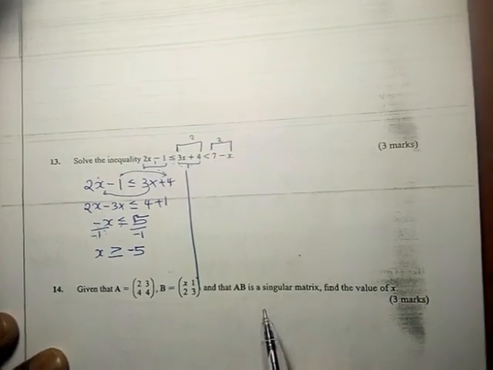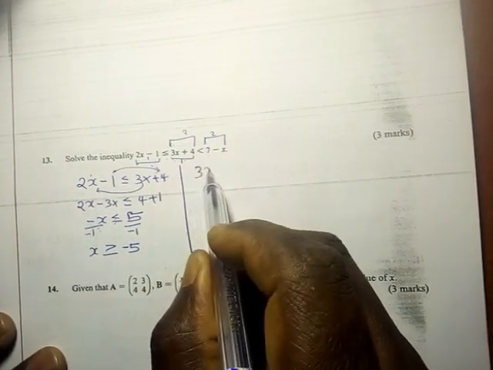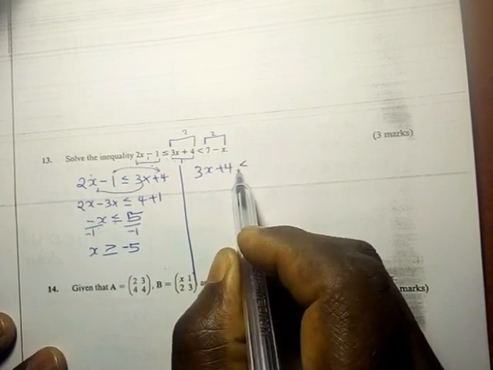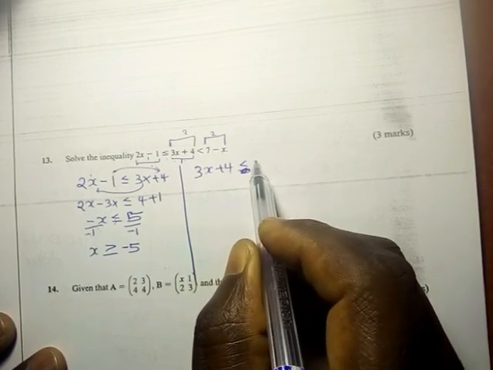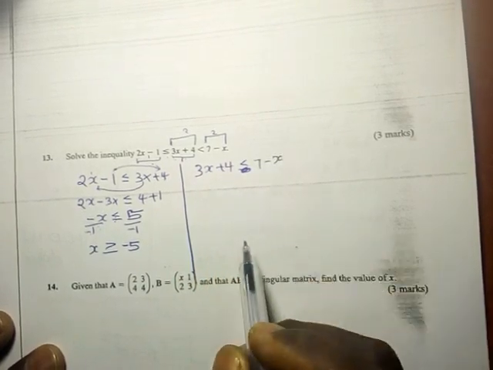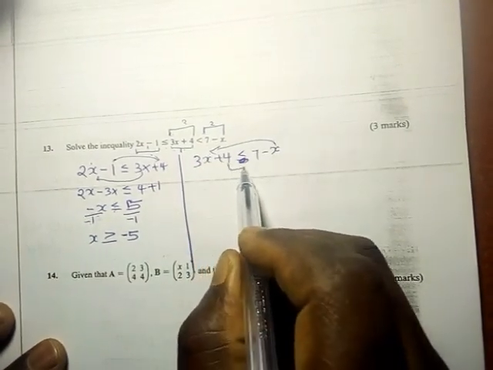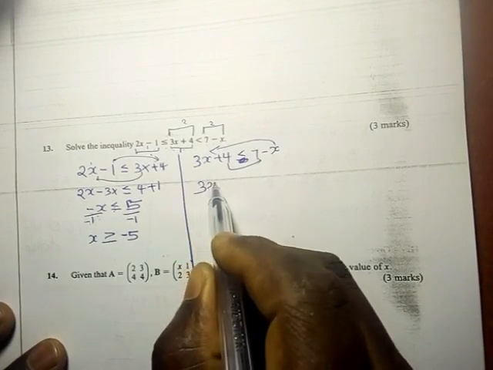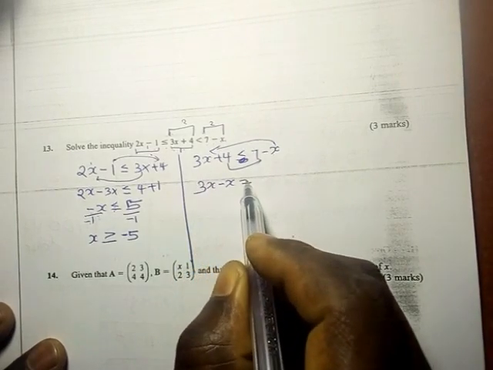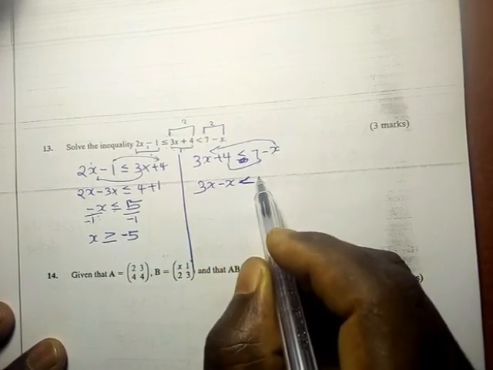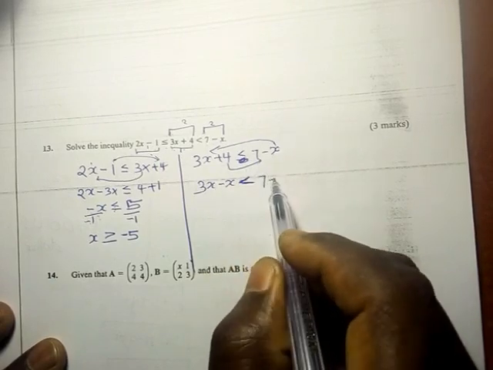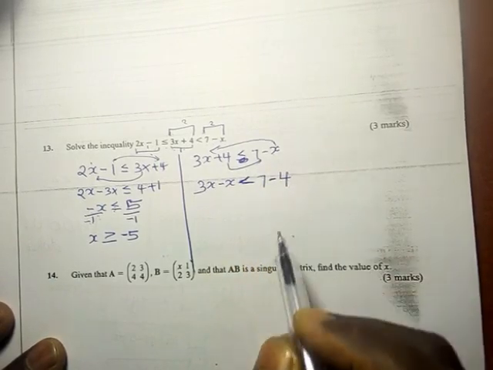So now we are going to do 3x plus 4 is less than 7 minus x. We put like terms together. This one comes there and this one goes there. So 3x minus x is less than 7 minus 3 minus 4.